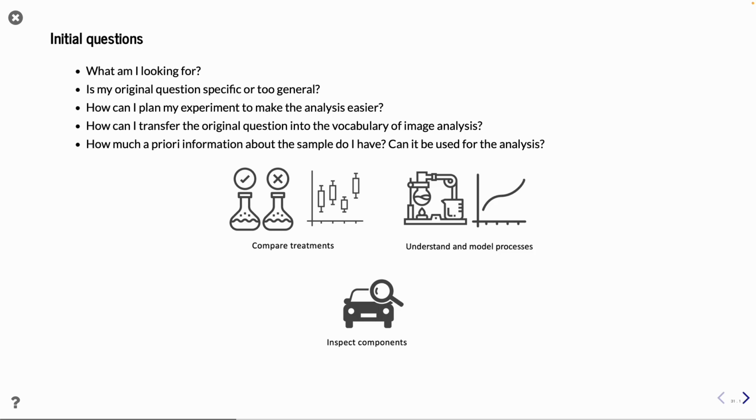So that brings us to the next question, which is how to plan the experiment in a way that you can do a good and reliable analysis. With this class, I hope to give you a little bit of the language to help you translate your original question into a question that can be analyzed, or in the vocabulary of image analysis.